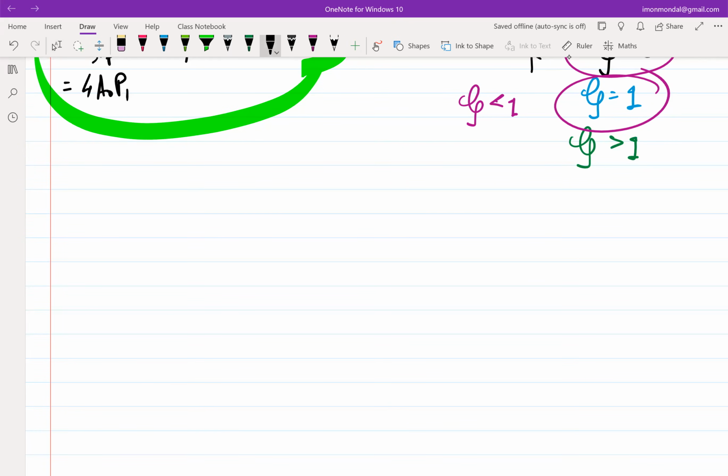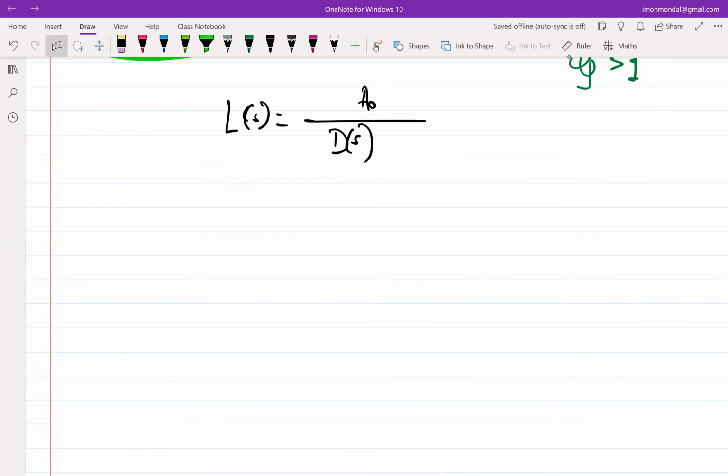So let's say we have a transfer function L of S. This can be represented as, let's say, 1 by some D of S, where D of S is basically the denominator, but it has multiple roots. Okay, so what Cauchy said started off pretty obvious, then it got profound.